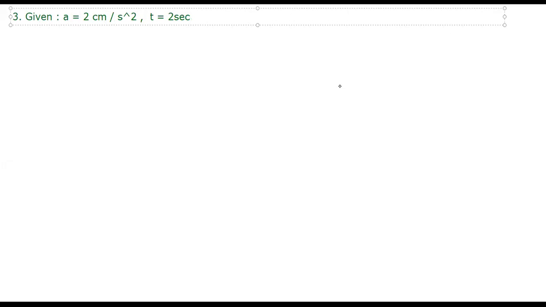That's giving us the time after starting the motion from rest, that is, initial velocity u is equal to 0. Yes or no? Yes.